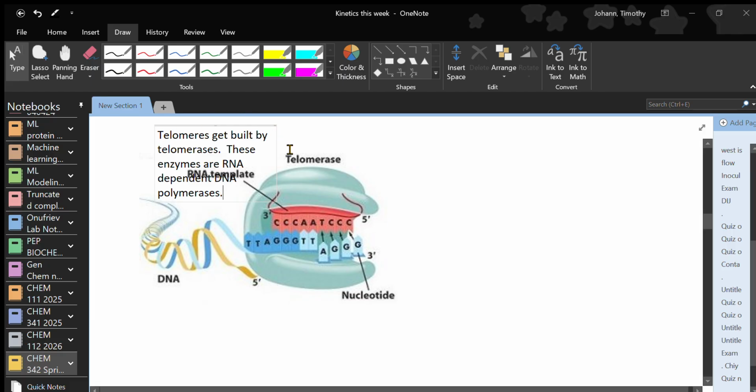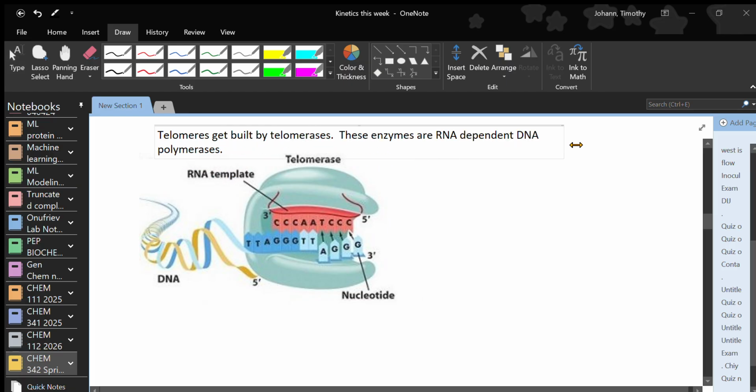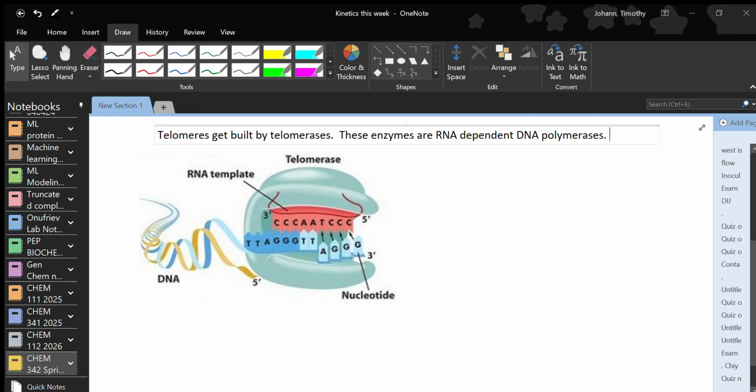Let me drag this out so everybody can see it. Otherwise known as, what other name do we have for those? Reverse transcriptases.